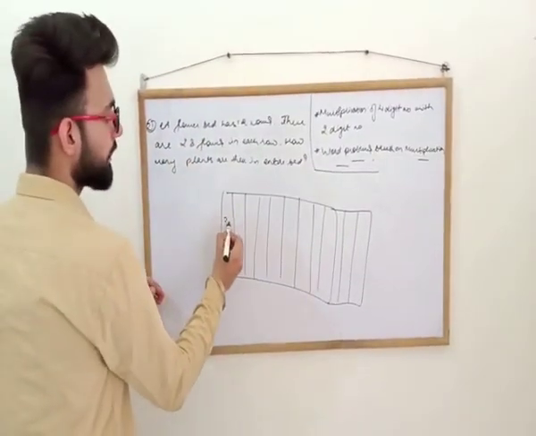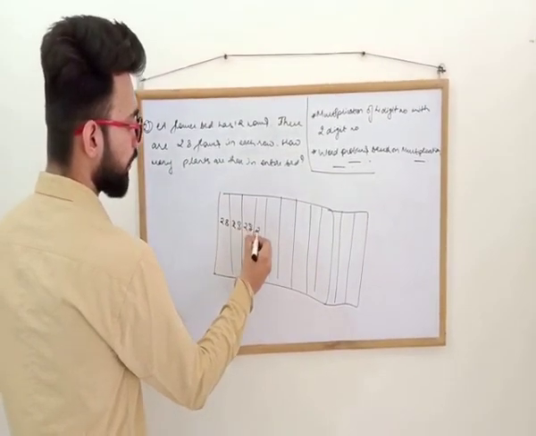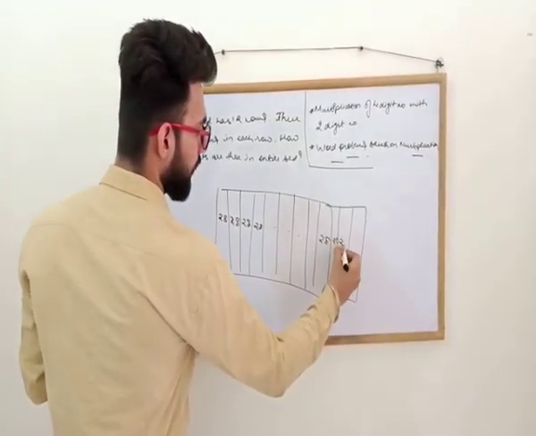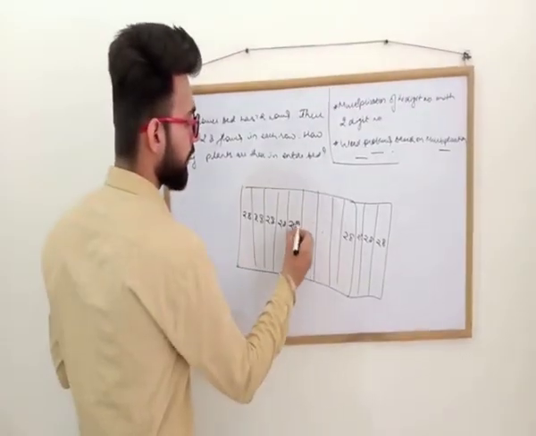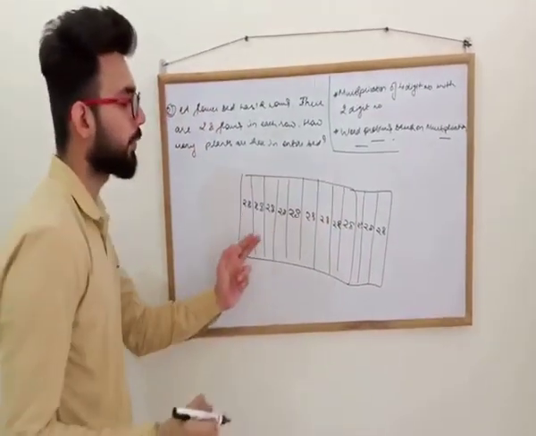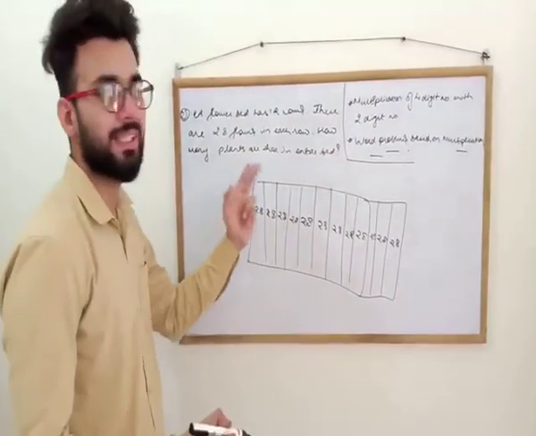Let's say 28 flowers in each row. 28, 28, 28, 28, 28, 28. Okay. We'll write over here also: in each row there are 28 flowers. Okay. So we need to find out the total number of flowers in the entire bed.